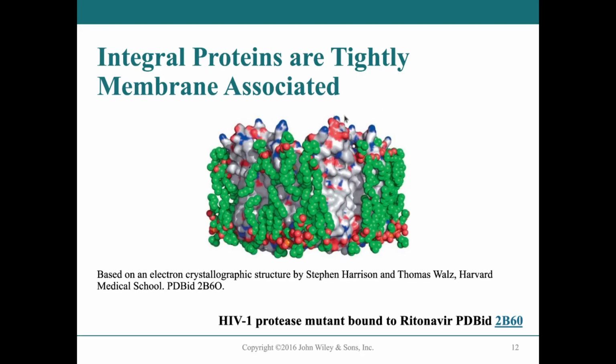They are mostly concentrated here and here, where they are interacting with the polar heads. The interior of the bilayer is mostly gray areas, neutral in charge and hydrophobic. And that is how integral membrane proteins become associated with the membrane, because they integrate themselves within the membrane itself.